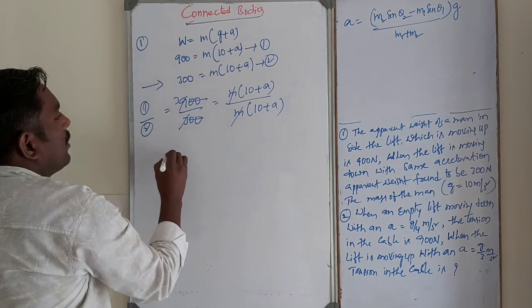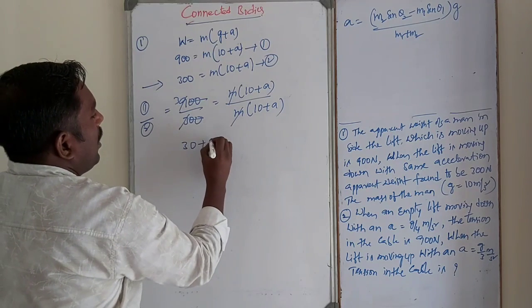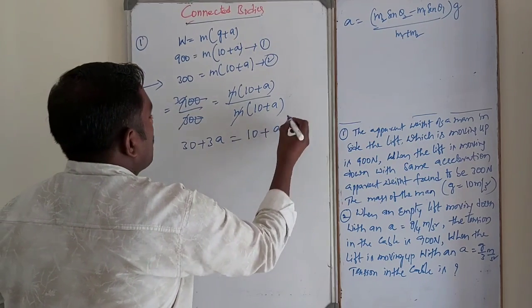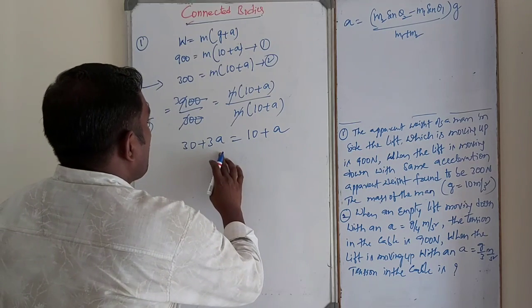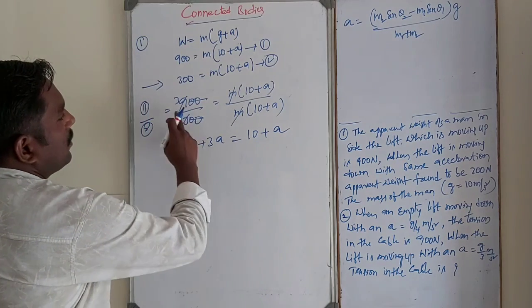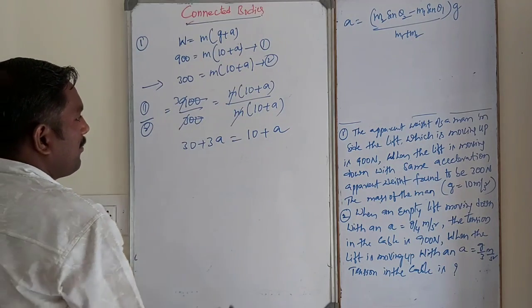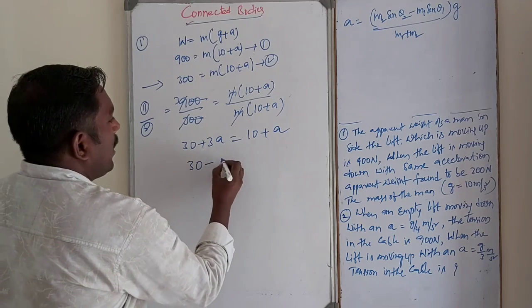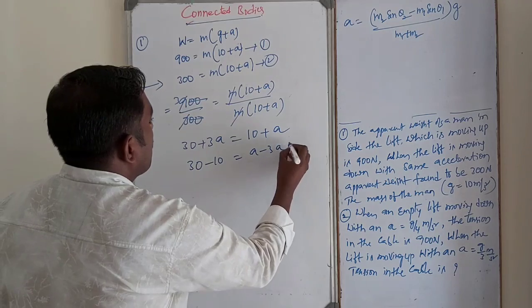So cross multiplication, 30 plus 3a is equal to 10 plus a.